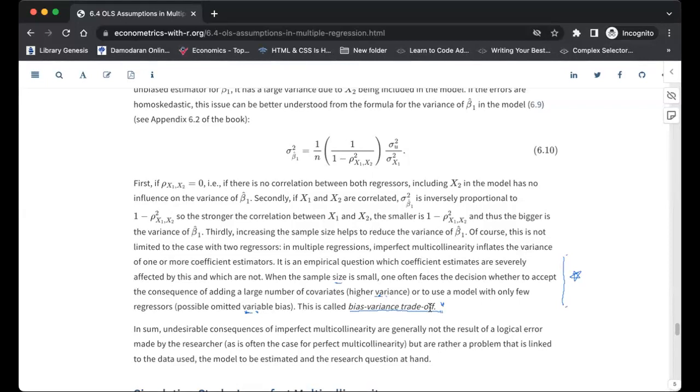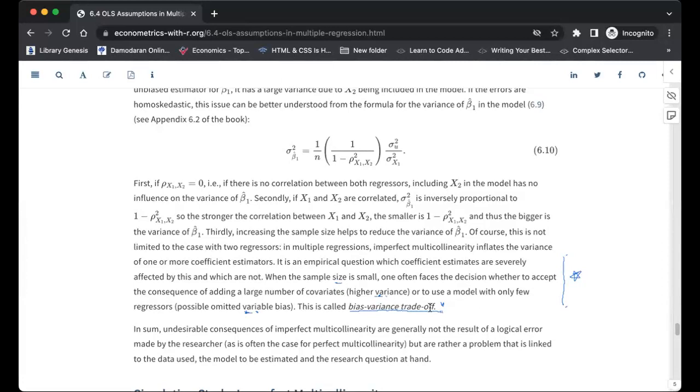But when the sample size is small, if you include too many regressors into your model, that might cause a serious overfitting problem, which means it can successfully explain our observations.